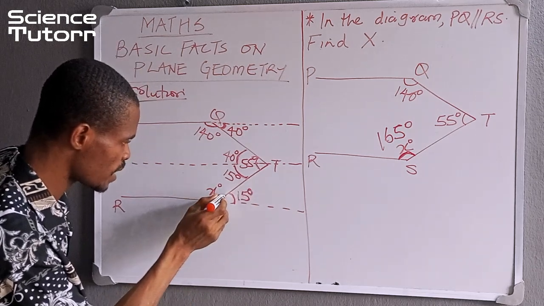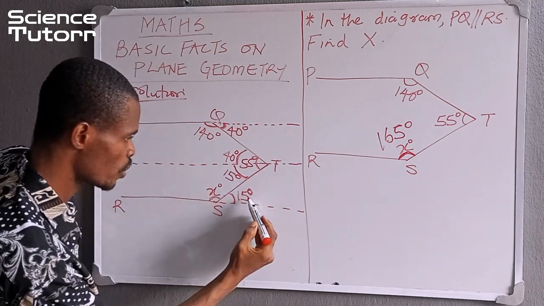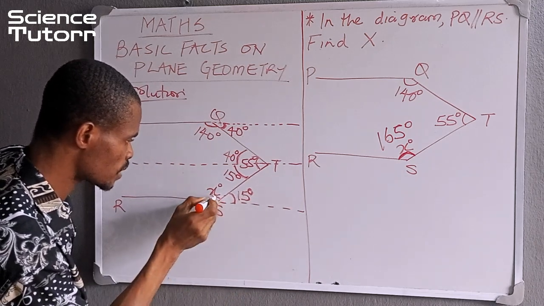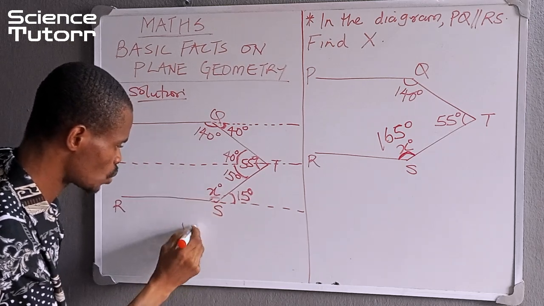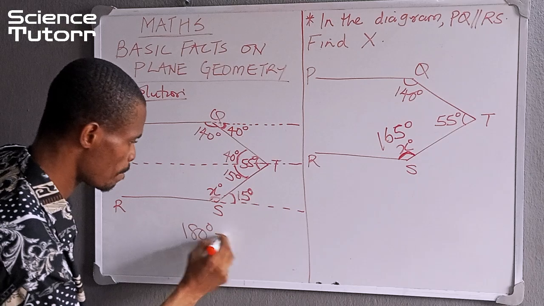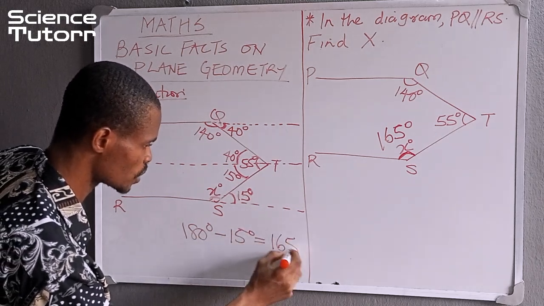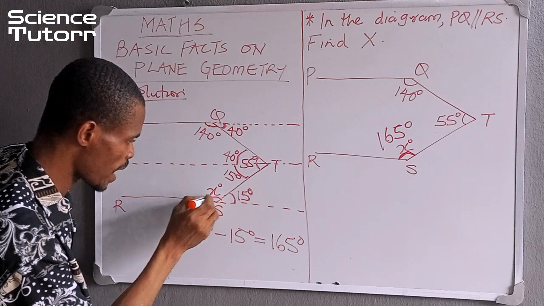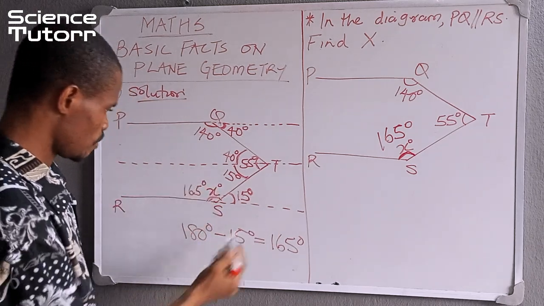Hence, we could find the angle x. This is a straight line, so if this is 15, and angle on a straight line is 180, that makes 180 degrees minus 15, which will yield 165 degrees. So angle x becomes 165 degrees.